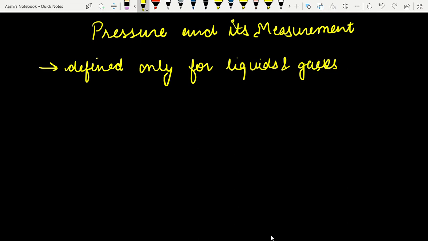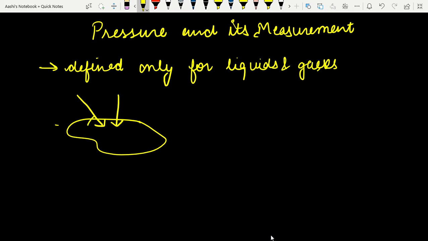But there is one way in which this definition of force per unit area goes wrong, because for pressure, direction is already predefined. So pressure is not any force per unit area, but it is normal compressive force per unit area. What do I mean by normal compressive force per unit area? Suppose this is a surface, be it any surface of a liquid or a gas. Suppose there is a force at some particular angle.